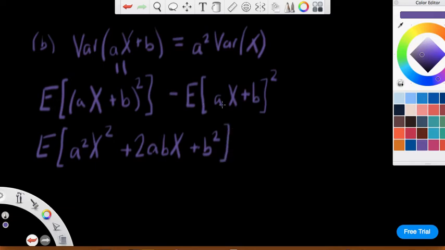And on this side, we will use the linearity of the expectation operator to break that up a bit. So subtract a times the expected value of X plus the expected value of b, which is just b, because b is just some real number, plus b, and of course don't forget that we are squaring all of that.